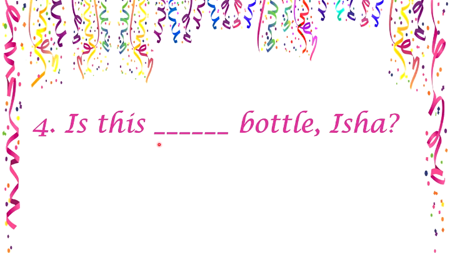Yes, the first person is the speaker, the second person is the listener, Isha. So the answer should be, is this your bottle, Isha? Got it? Yes, this was very much clear from the table that I presented to you when we did the session of possessive adjectives. I advise that you have a look at it, okay, from the video based on possessive adjectives.